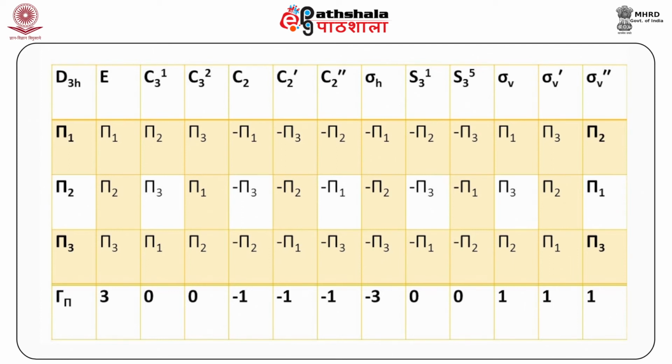How am I getting the minus 1 result? Because when I carry out the C2 operation, these pi orbitals are inverted. Like this, we get the negative effect. And again, as I told you, if the pi orbital is not shifted, only its direction is reversed, that is, it remains at the same place, then it contributes minus 1.